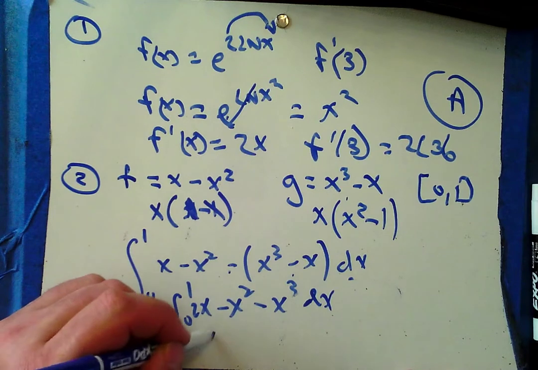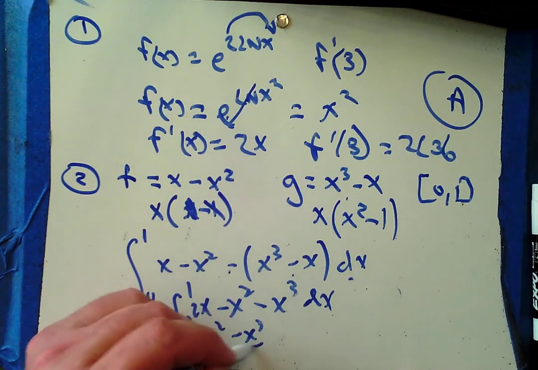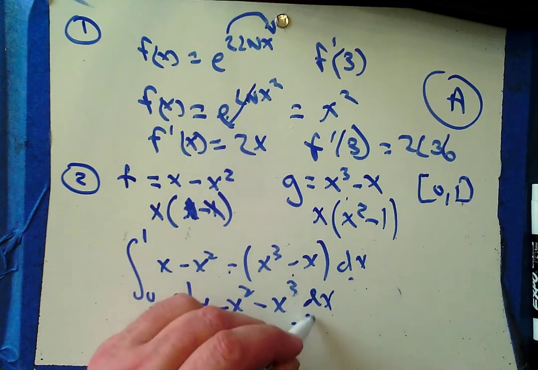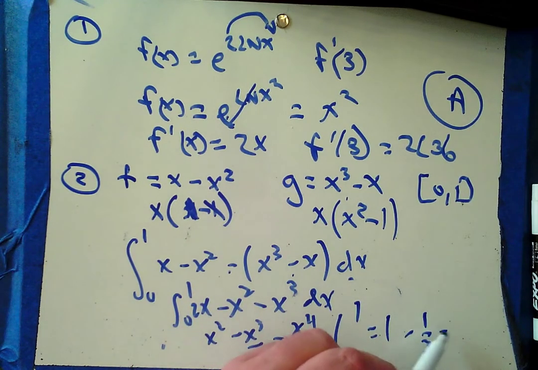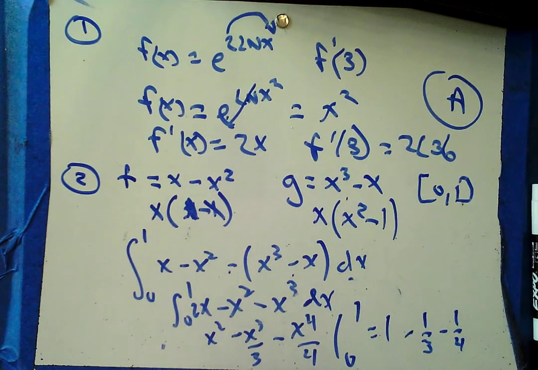And so that's going to be x squared minus x to the third over 3 minus x to the fourth over 4 from 0 to 1, which is 1 minus 1/3 minus 1/4, or 12/12 minus 4/12 minus 3/12 is 5/12, and that's choice A. A for number 2.